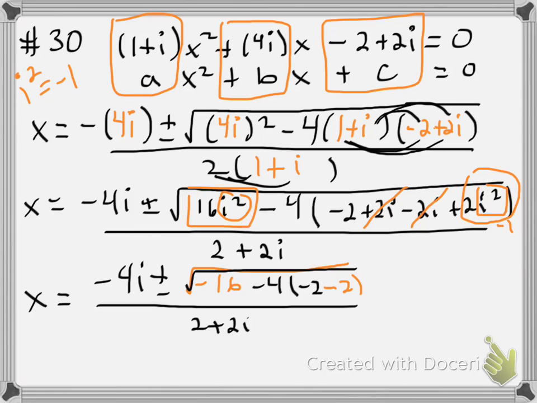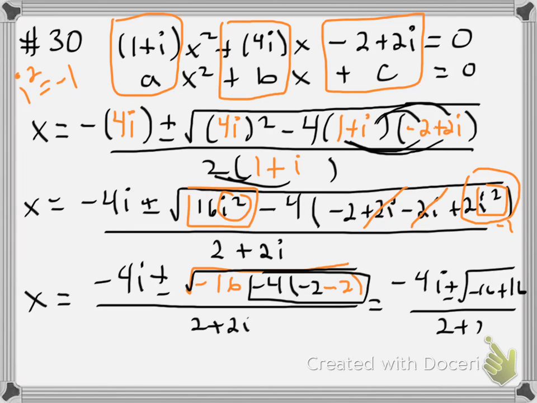So what happens here? A lot of nice things happen. We get a negative 4i up front. And it turns out this piece, negative 16, and this here is negative 4 times negative 4, which is positive 16, all over 2 plus 2i.